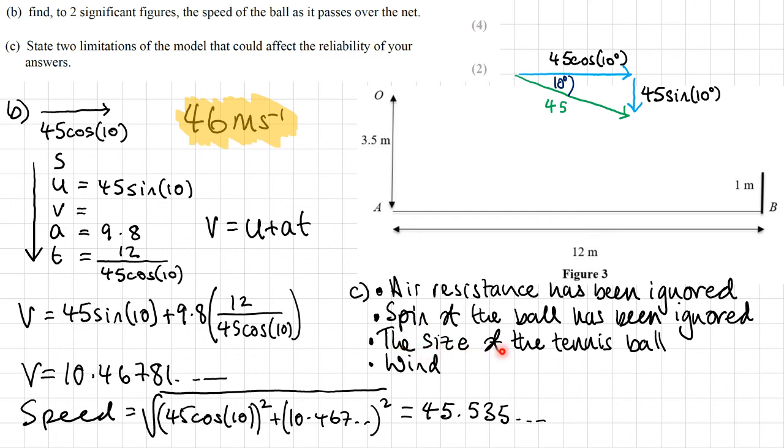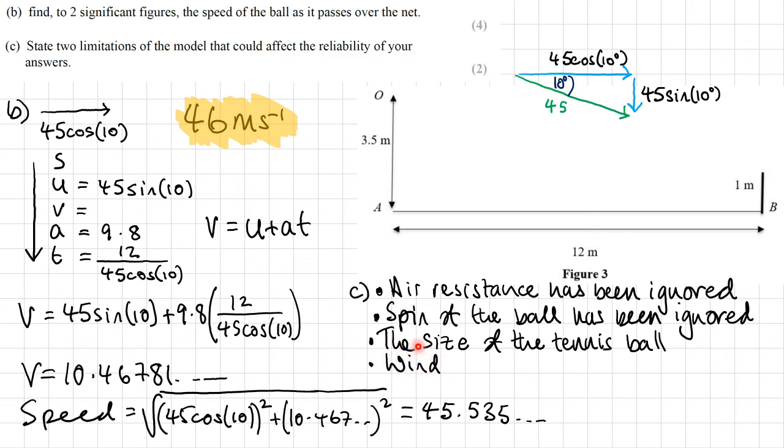The size of the tennis ball, yeah, if they're using a larger tennis ball, I mean they're all a standard size, but if it was larger or smaller, that's going to affect our answer in terms of where the ball is going to end up. And wind as well, yeah, unless they're playing inside in a completely enclosed stadium, for example, then wind's going to have an effect as well.